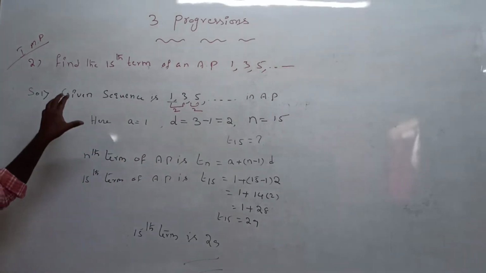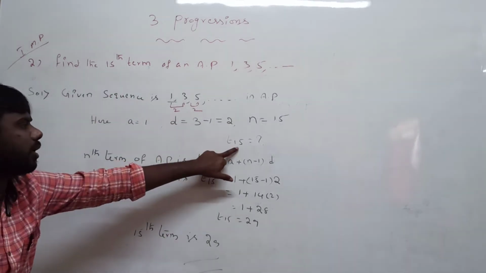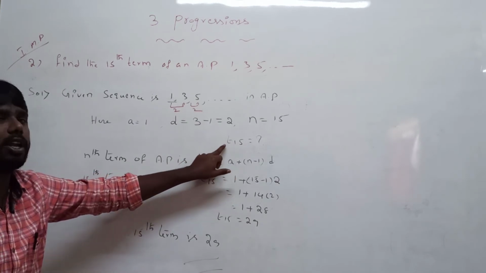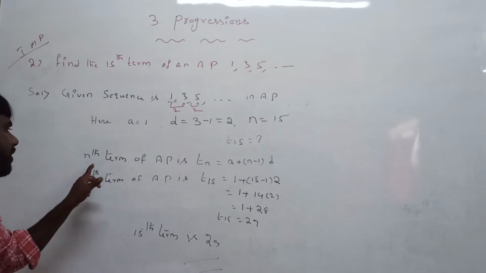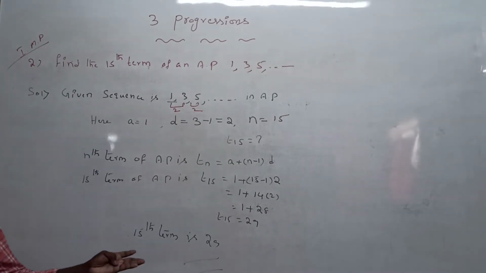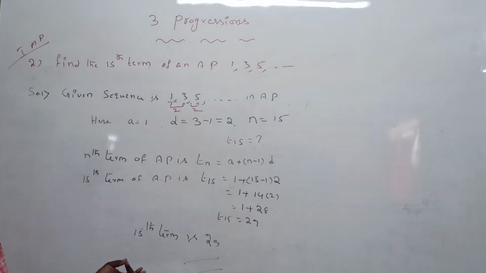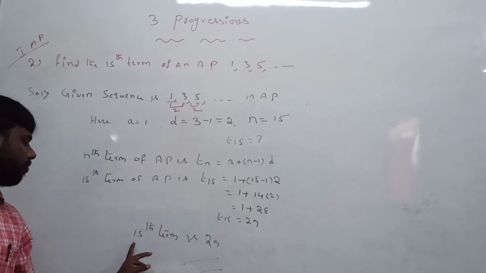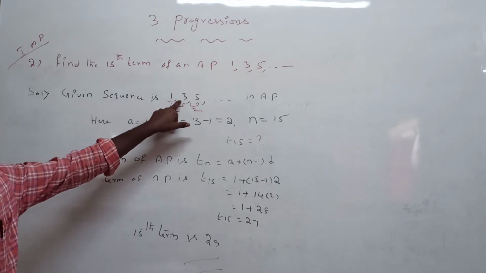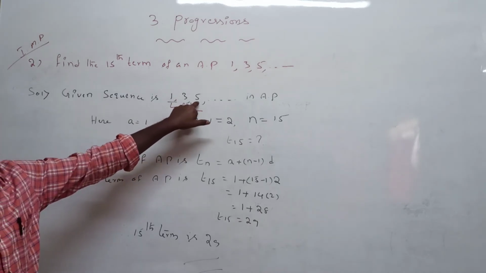Next, what are they asking? Find the 15th term. To find the 15th term, we apply the nth term of the arithmetic progression formula: Tn is equal to a plus n minus 1 into d. Now applying the n value, a value, and d value, finally you get the 15th term value is 29. 1 is the first term, 3 is the second term, 5 is the third term, and so on.